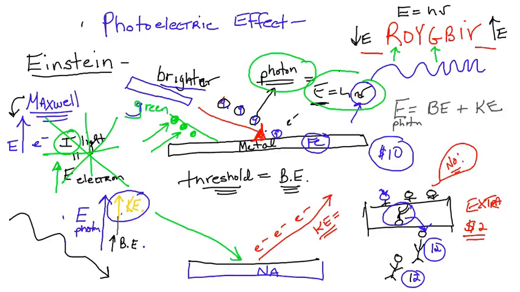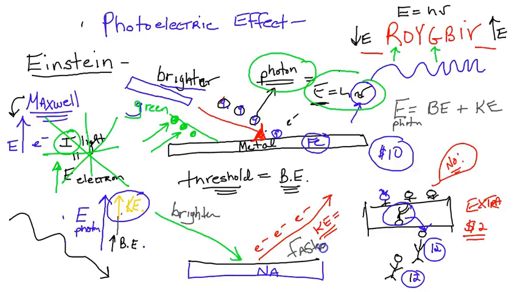All right? Now, of course, back to classical physics, what they stated was, hey, okay, if you reach the threshold and you've got more electrons moving out, if we make this brighter, we would expect, based on our classical physics, that we would make these electrons move faster.